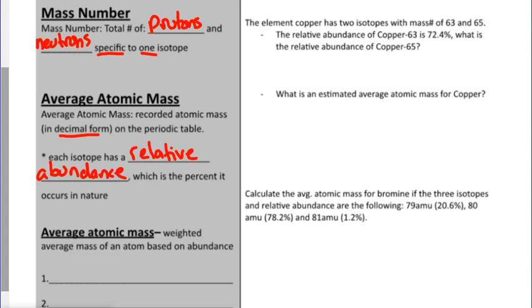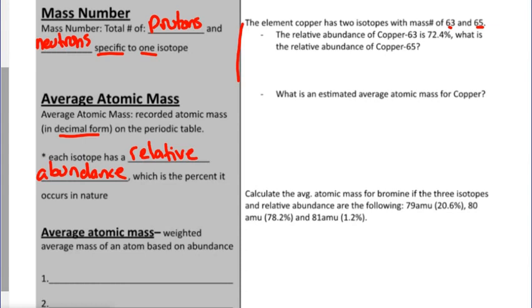So if we look over here to this copper problem, it says that the element copper has only 2 isotopes, a mass of 63 and a mass of 65. And the abundance of copper-63 is 72.4%. Okay, so percentages are always based out of 100. So that means that a large majority of copper in existence has a mass of about 63. Right?